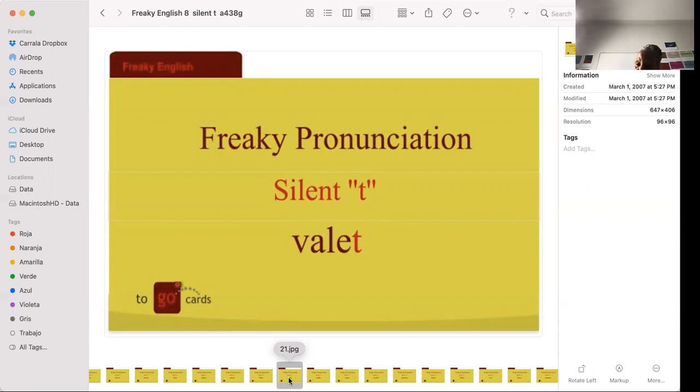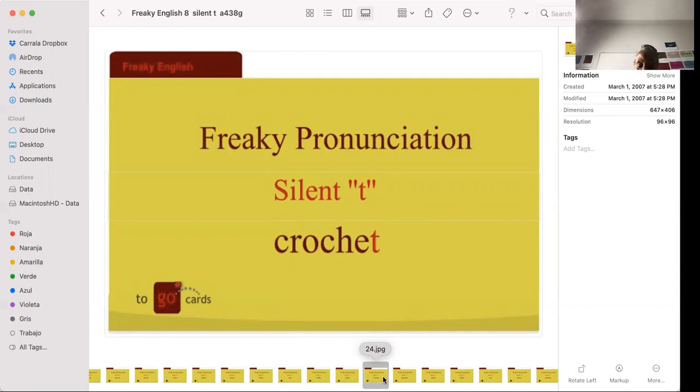Valet, once again, French, the T is not pronounced. Because sometimes English takes the rule of another language without explaining to you. Buffet, not "buffet" with the T. Chalet, once again, French.